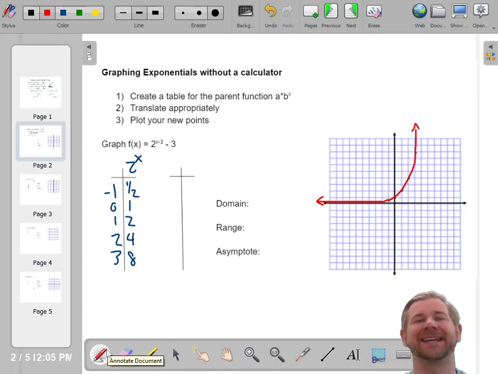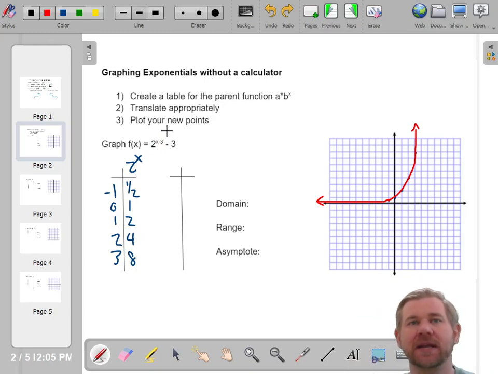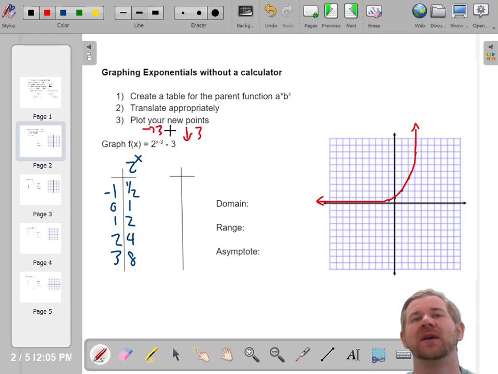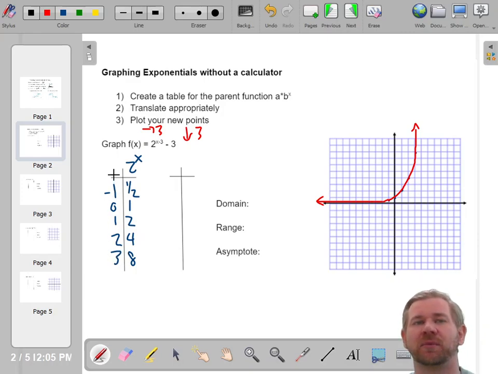What we're going to do is make a table with this translation. And remember, if it's x minus 3 on the inside of the parentheses, 2 to the power of x minus 3, that's going to make it go to the right 3. And on the outside, that's going to make it go down 3. This is just like we did with radicals. If you go right 3, you will only be changing x values. Going right 3 from negative 1, you're at 2.